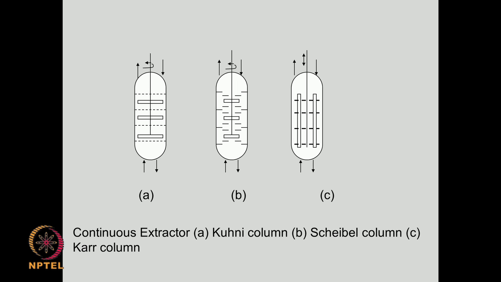So, as we can see, we saw two types of designs, one is mechanical agitation to improve the mass transfer and surface renewal, and the other one is non-mechanical agitation where there is no mechanical agitation, but the contact happens because of sieve plates or because of compartments or because of formation of bubbles and so on actually.